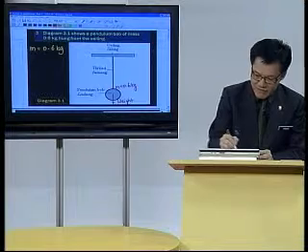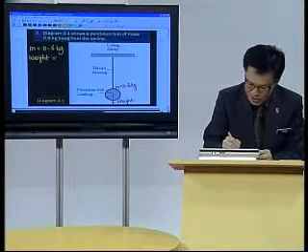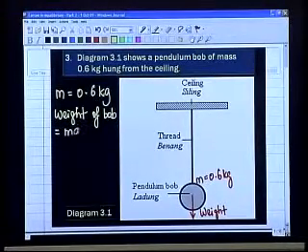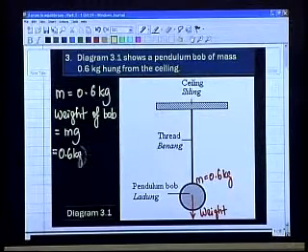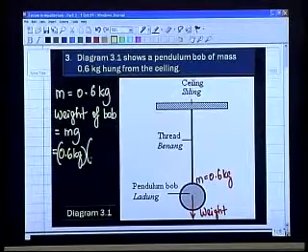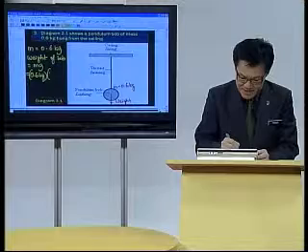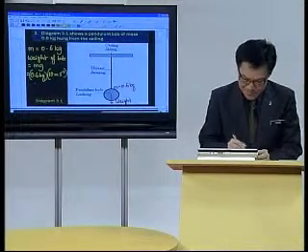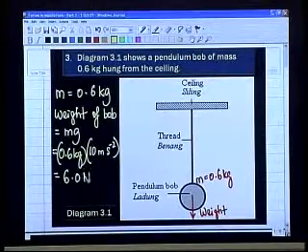So the weight of it is this. The weight of the bob is mg. Now the mass is 0.6 kg multiplied by g, the acceleration due to gravity, which is 10 meter per second per second. So I would get 6.0 newtons.